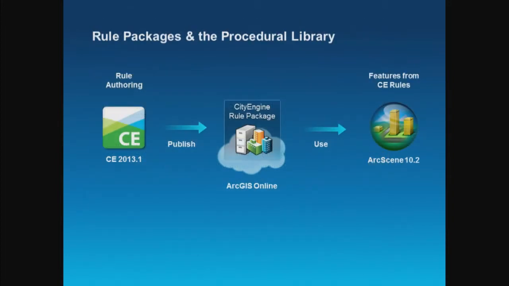One of the other reasons for this is, as you saw with Brooks and also some of the tools that will be coming out with Pro, the use of procedural modeling, not only in CityEngine, but also in a natural GIS environment. The latest release of ArcGIS has the ability to consume rule packages that have been defined and developed in CityEngine.